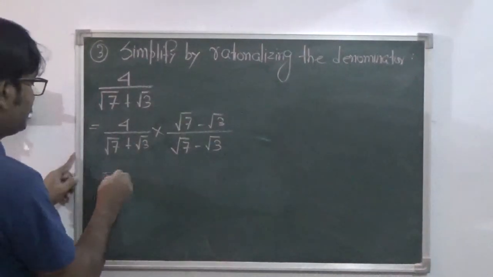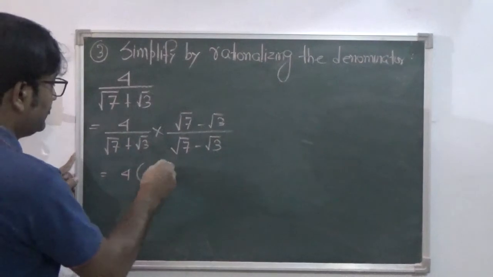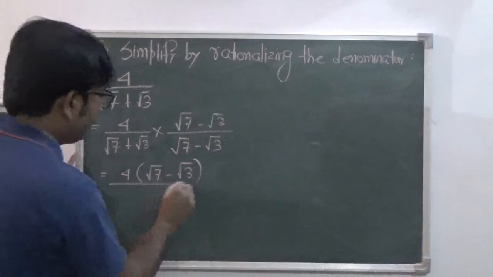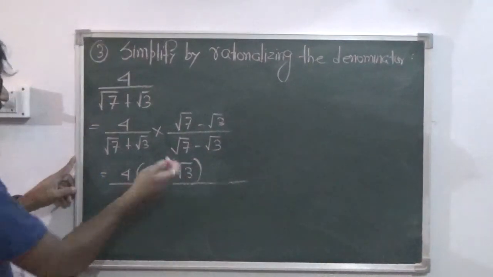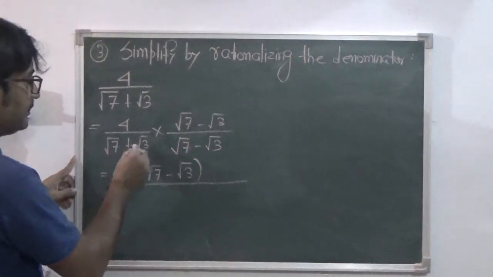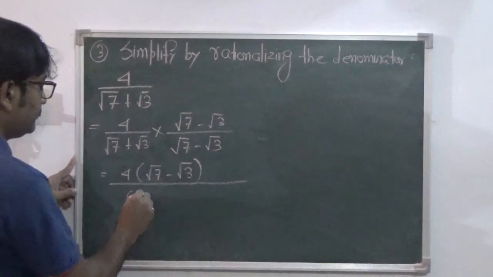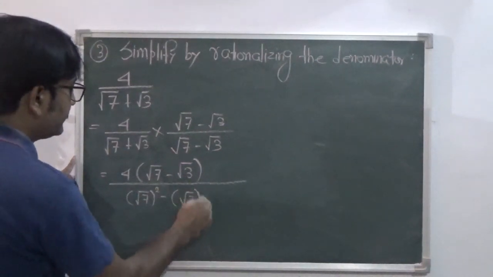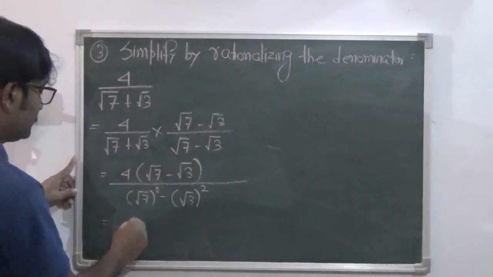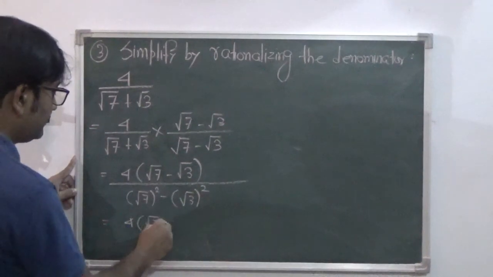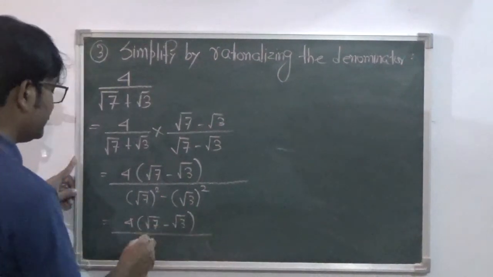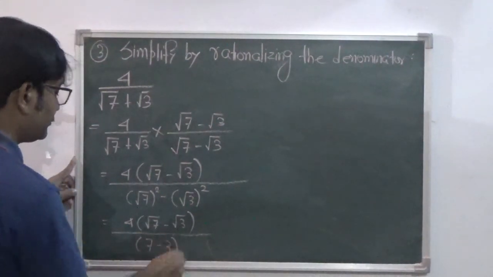So this comes to 4 into root 7 minus root 3. Again, nothing can be done with that, as you know subtraction cannot be separated here. And this is a plus b into a minus b. So root 7 square minus root 3 square. So this becomes 4 into root 7 minus root 3 divided by 7 minus 3.